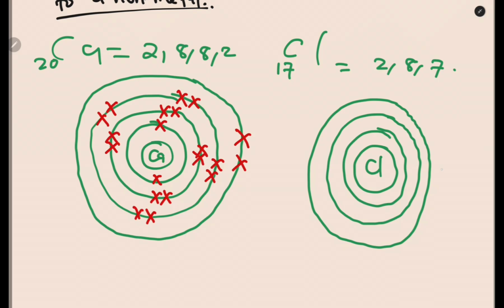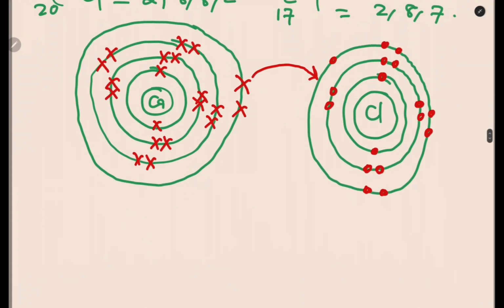Then for chlorine, I will use dots. The first one has 2. The second one has 8. The third one has only 7. You see? So it has only 7, which means this one can only receive 1 electron to make it 8.